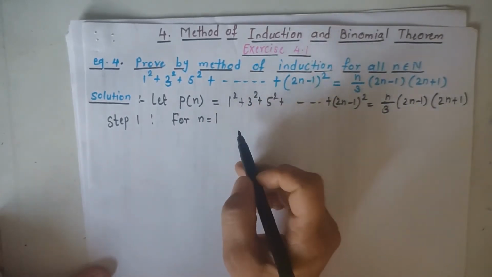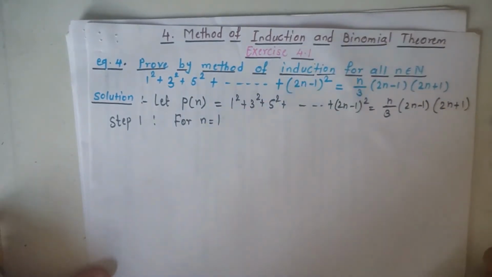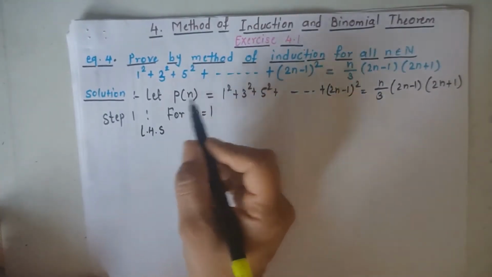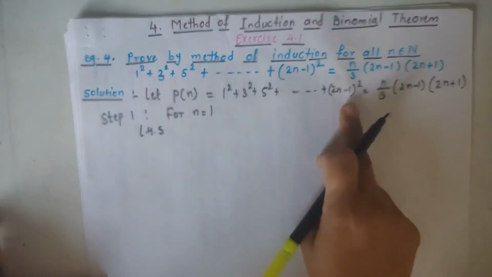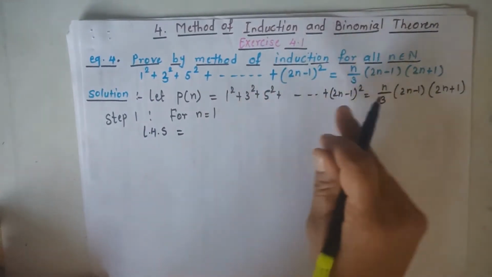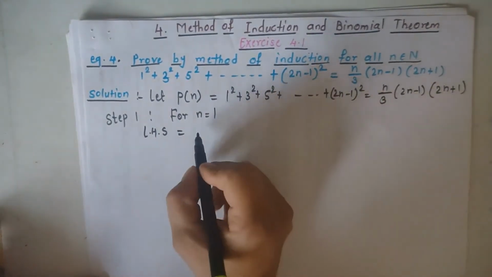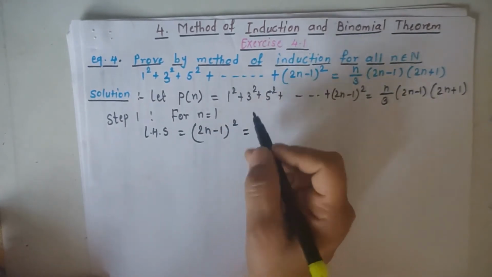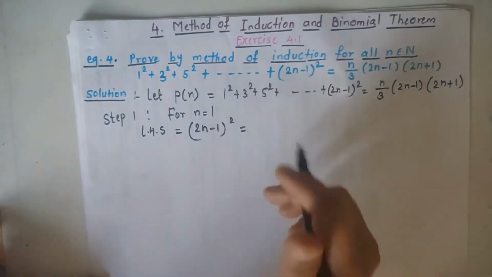So for n is equal to 1, the LHS of the given statement, put n is equal to 1. Here LHS is (2n minus 1) bracket square. So write here (2n minus 1) bracket square and put n is equal to 1.